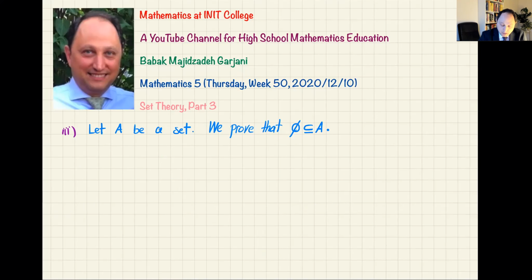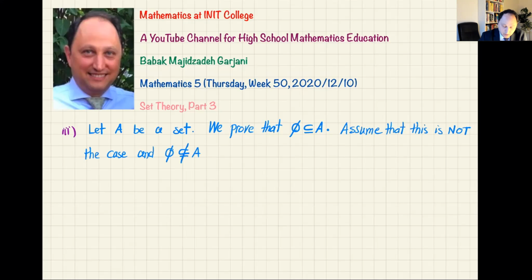So the proof here is also a similar proof. It's called proof by contradiction. So I would say, assume that this is not the case. Assume that the empty set is not a subset of A. Then this means that, okay, now can you complete this sentence for me?